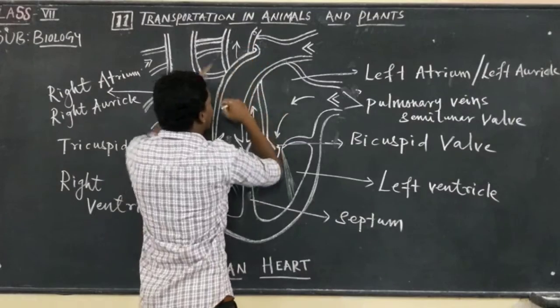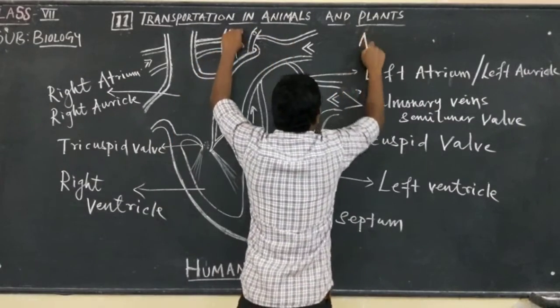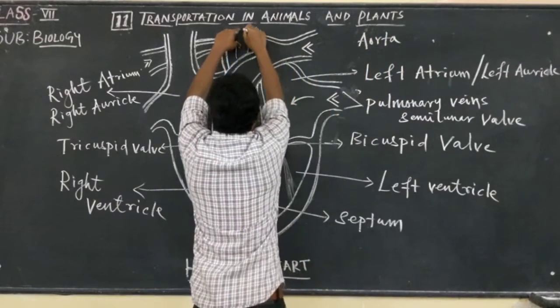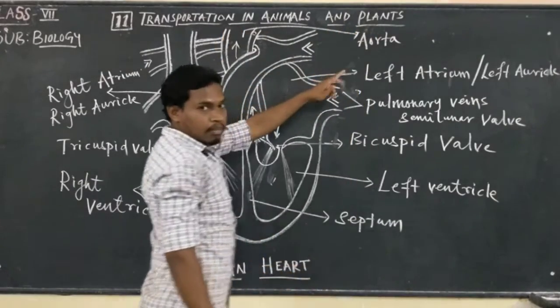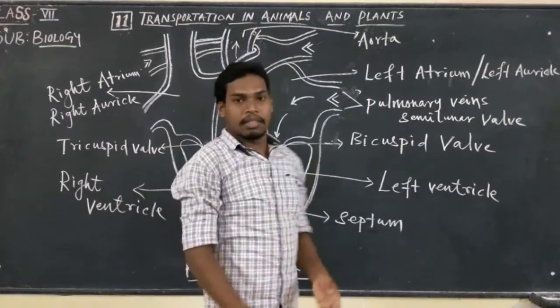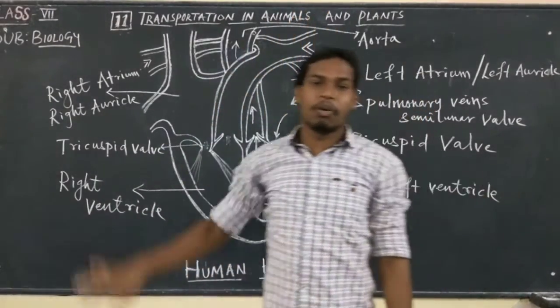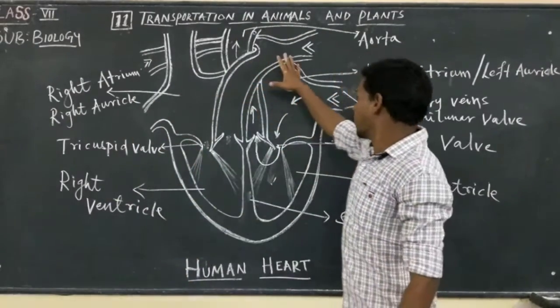This is the aorta, the large artery. From the aorta the blood is going to be supplied to all the tissues and organs of our body.